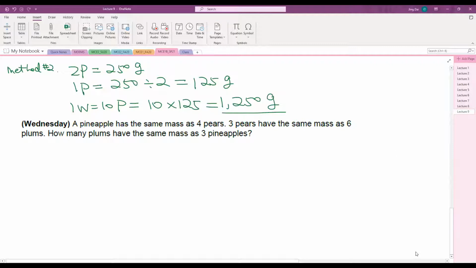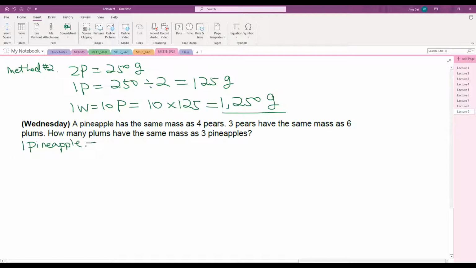A pineapple has the same mass as 4 pears. 3 pears have the same mass as 6 plums. How many plums have the same mass as 3 pineapples? Okay, I'm gonna just write the whole thing, the full name.